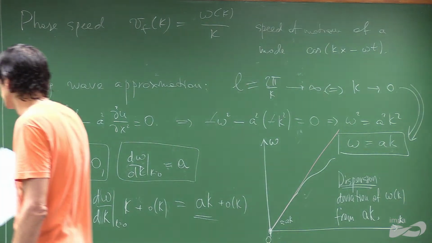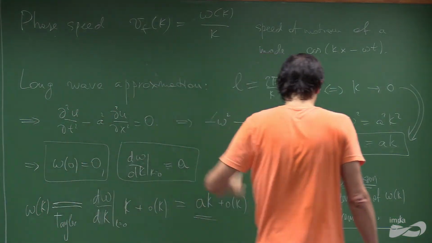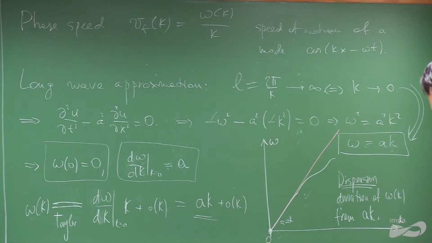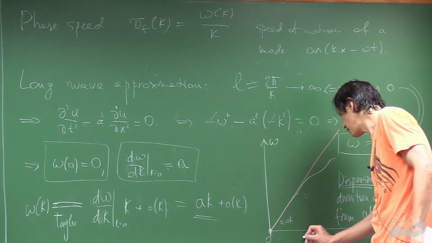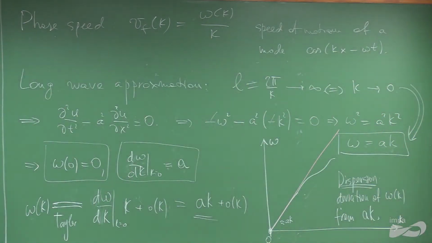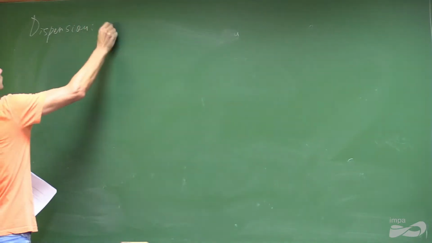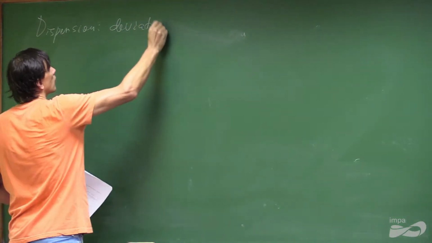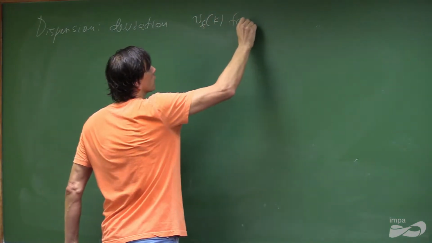All of them have the form of a cosine, and all of them move with a phase speed. So essentially, deviation of omega(k) from linearization means a deviation of... let's rephrase it. The dispersion is a deviation. You can also say that it is the deviation of the phase speed from constant.